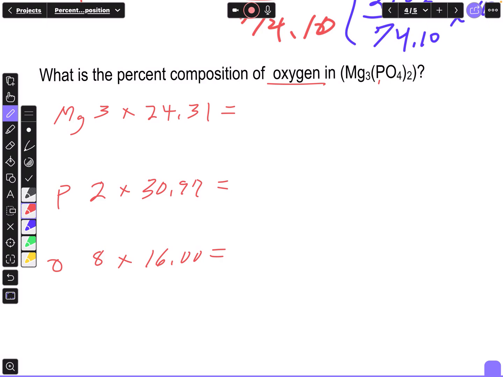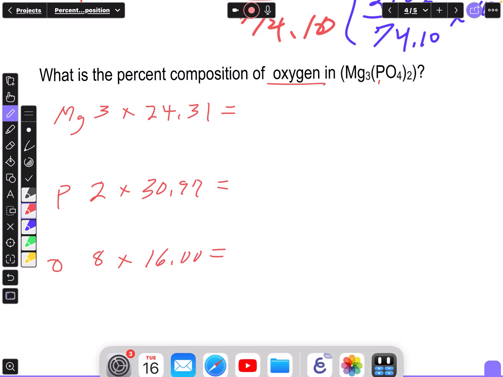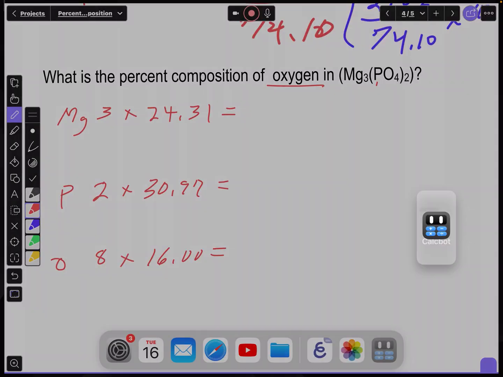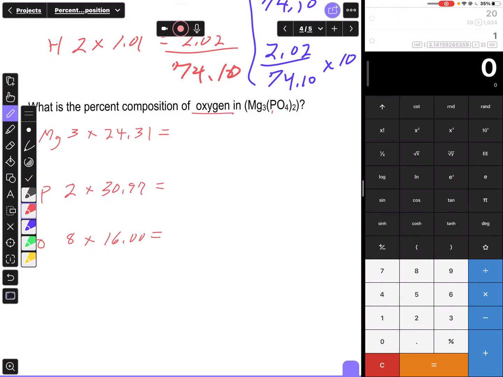So when I do my math for all this, I bring my calculator up, and have 3 times 24.31. That equals 72.93.